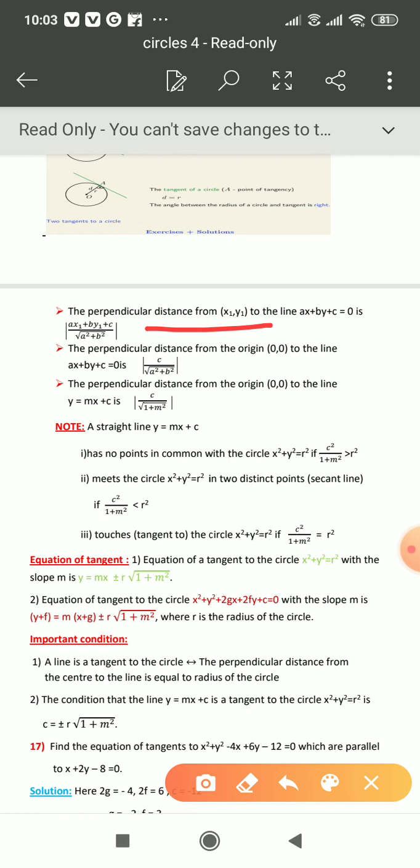What is the formula? Modulus of ax1 + by1 + c.